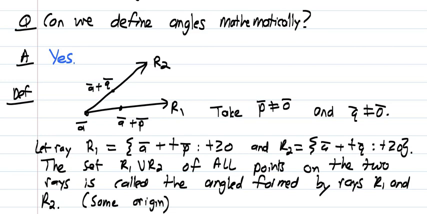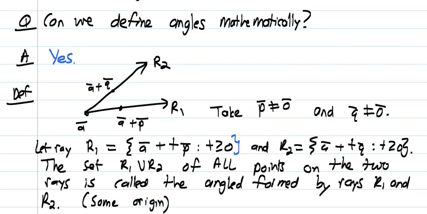So the equation of ray 1 will be all the points of the form A plus tP, where t is greater or equal to 0. Remember, if you're dealing with a ray, the parameter is greater or equal to 0.